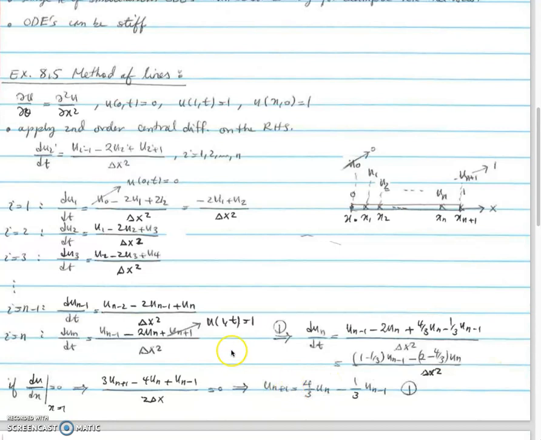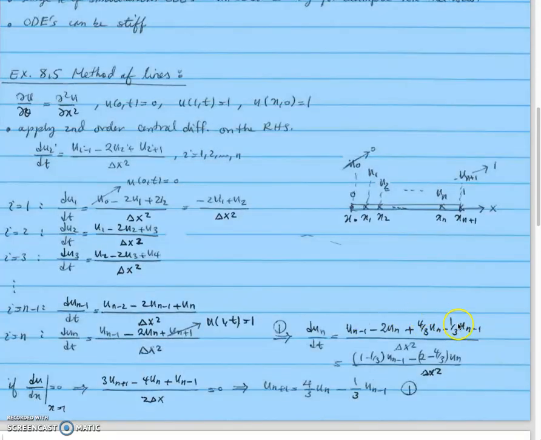Now all you need to do is, in the last equation of your system of equations, before we had u(n+1) equal to 1, now you plug in equation 1 right there. If you do that, you see that the last equation becomes du(n)/dt equals u(n-1), same as before, minus 2u(n), nothing has changed so far. Now plus, instead of u(n+1), I have this term, which is 4/3 u(n) minus 1/3 u(n-1). Now I can group u(n) and u(n-1).